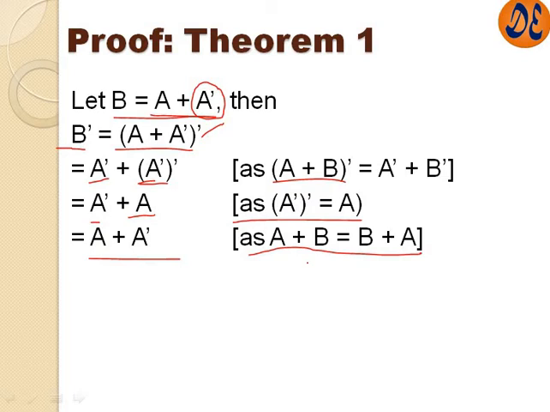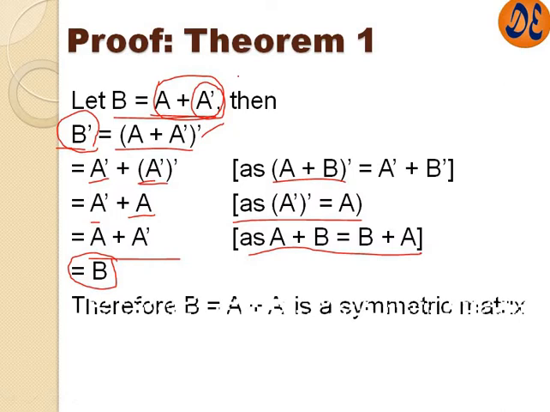That means there is a property of addition of matrices that we have done earlier. That is again B. So what we are observing here is B dash is equal to B. So what we are saying is the transpose of A plus A dash is A plus A dash itself.